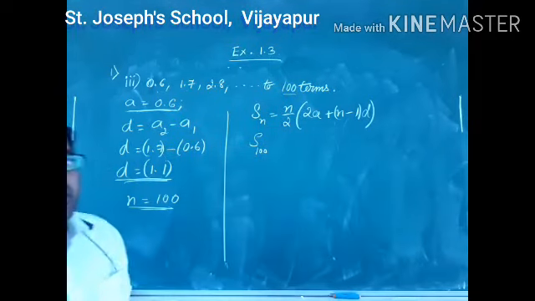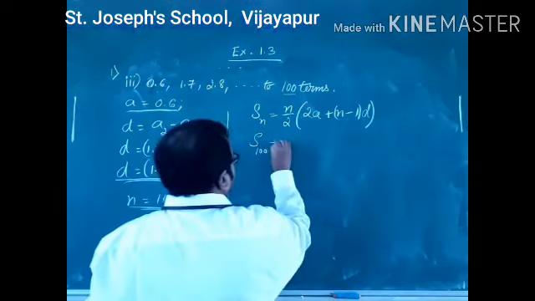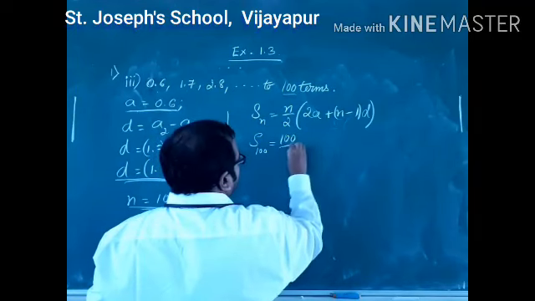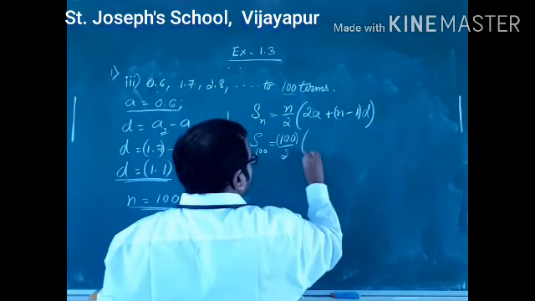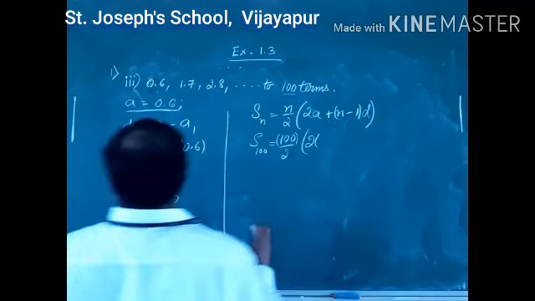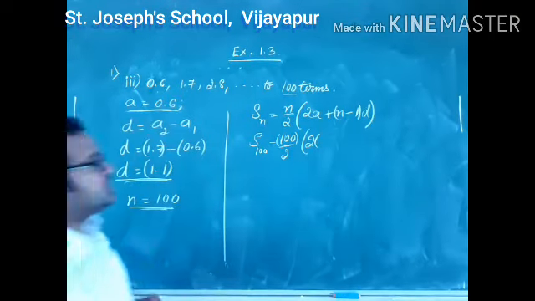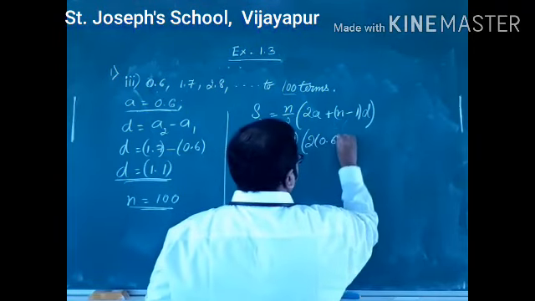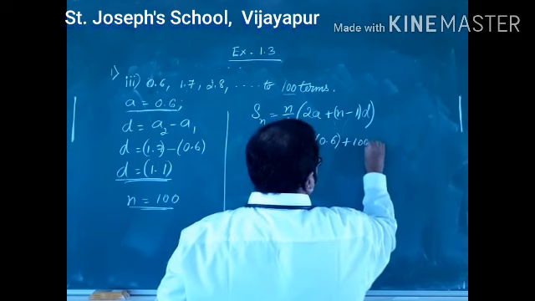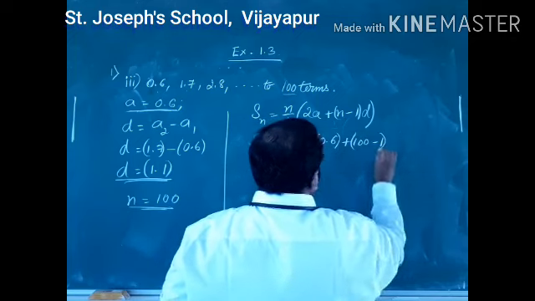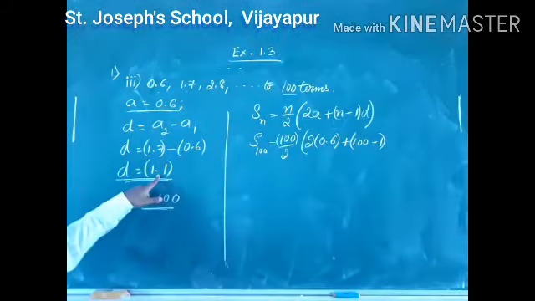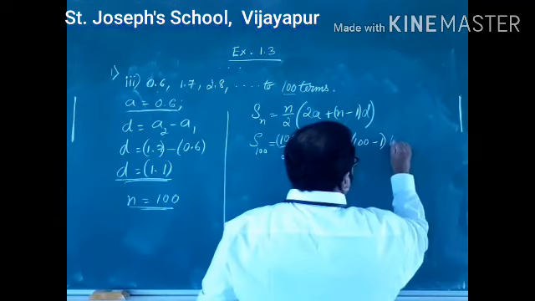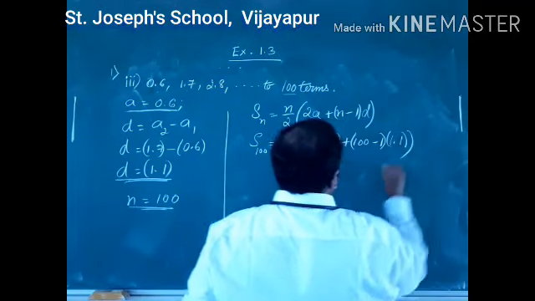It's not Sn now, n is 100. S100 is equal to 100 by 2 into 2 into a. a is 0.6, plus n is again 100 minus 1 into d. d is 1.1.